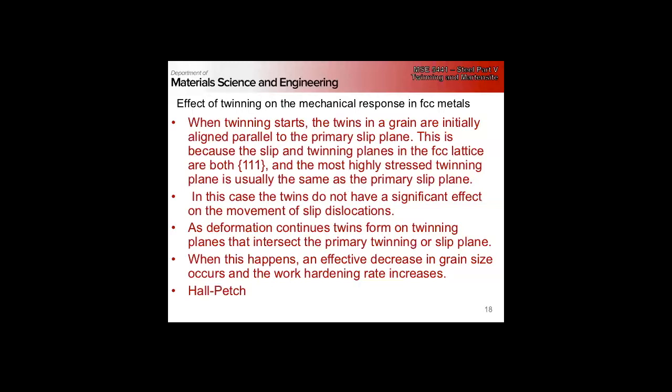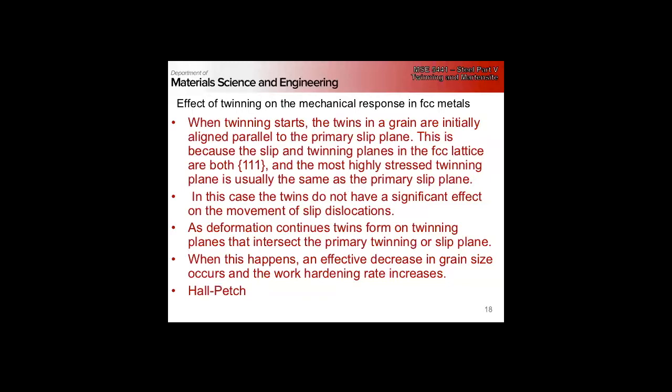So we're going to start activating other twin systems as well. Once we do, we have twins intersecting at oblique angles, so we're really reducing our grain size now. Those twin boundaries become additional impediments to dislocation motion, and we start to see a very high work hardening rate increase.